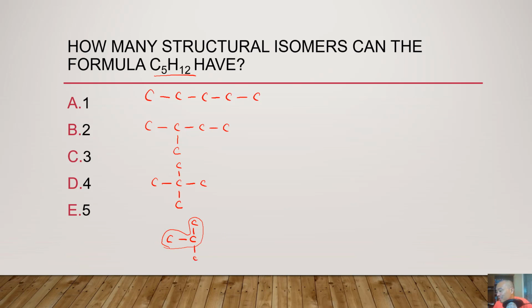Where can I list the other 3 carbons? No matter how you list it, you will see the longest chain can never be 2 carbons. So that's why this one is not a valid one. It will be the same as one of the structures we just listed over here. So you do know we have 3 isomers over here because they will have exactly the same formula.